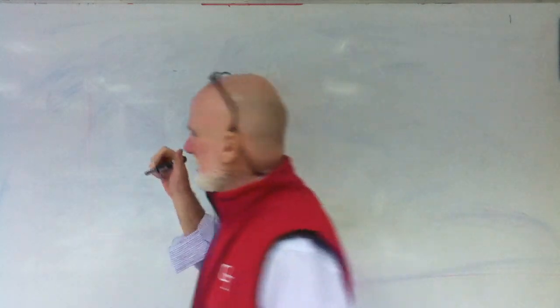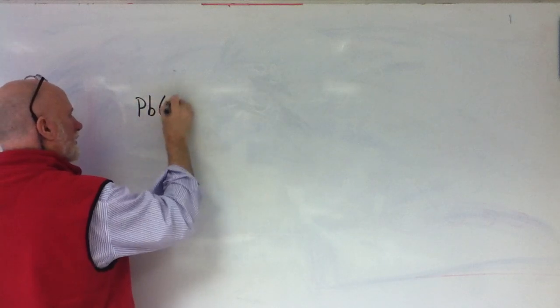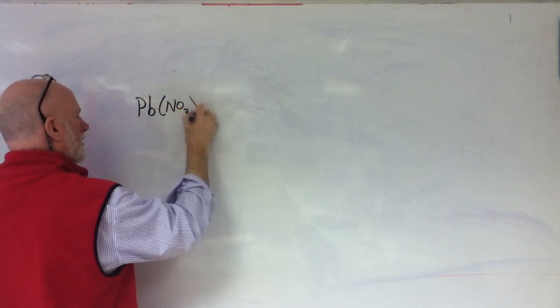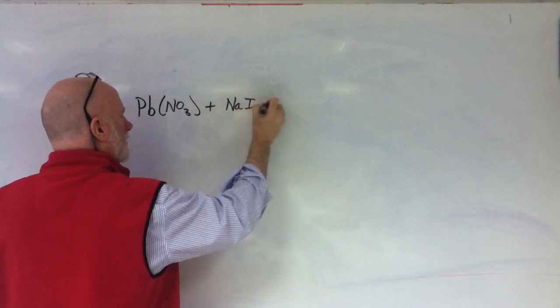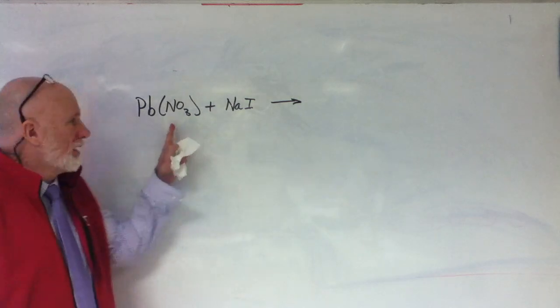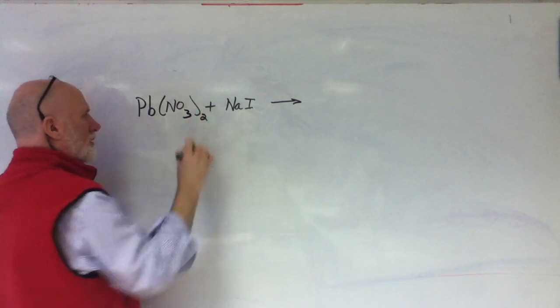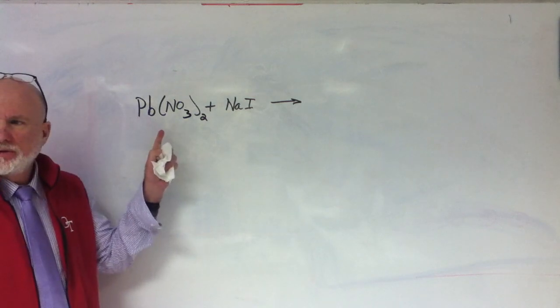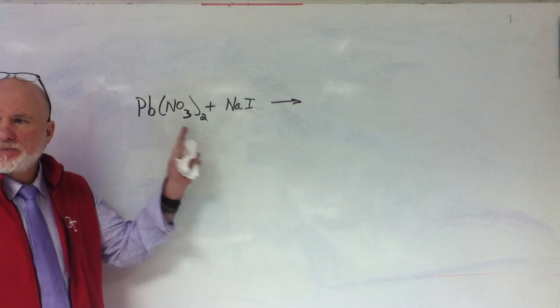All right? Let's say I have lead 2 nitrate and I combine it with sodium iodide. Right away, I want you to start doing the atomic weights of these particles.